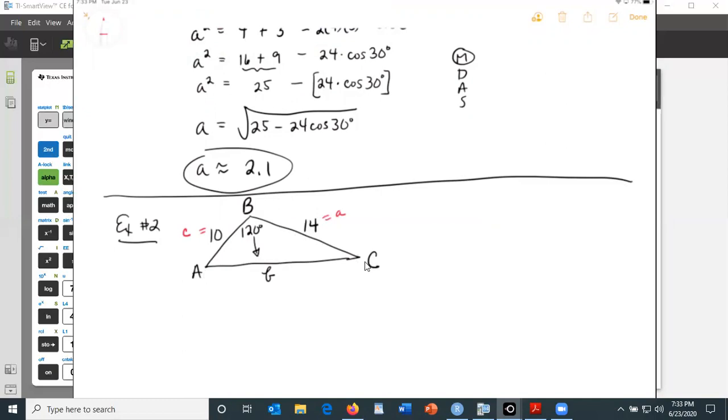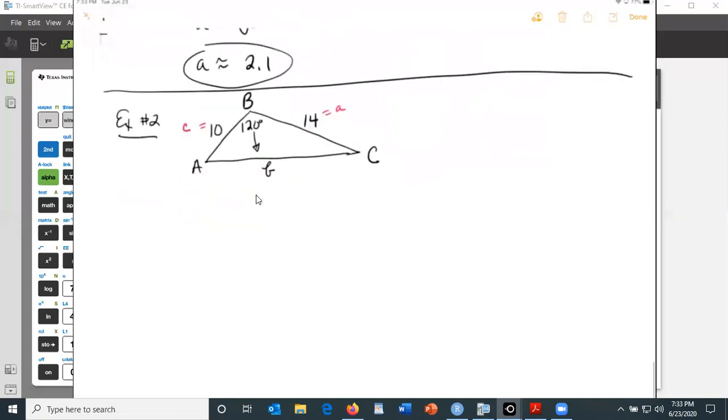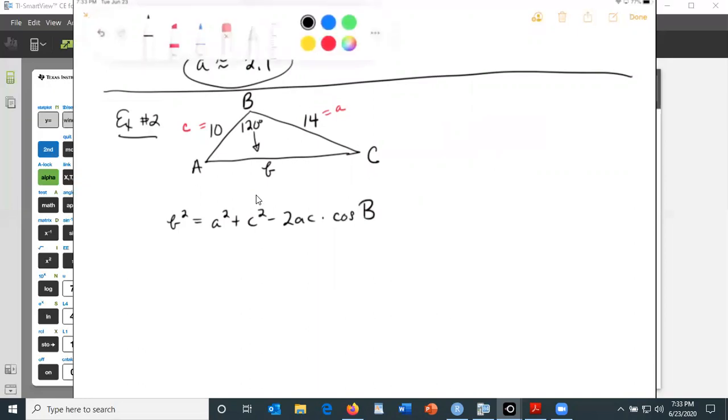Now, we know angle B, so therefore, the law of cosines that I will use is the second formula, b squared equals a squared plus c squared minus 2ac times the cosine of angle B. And again, I'm choosing that one based on the angle.